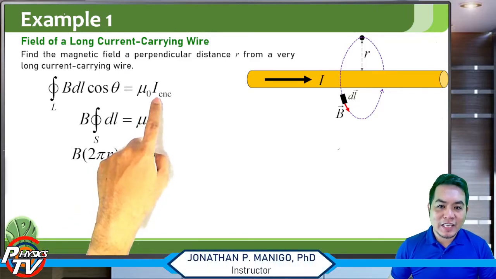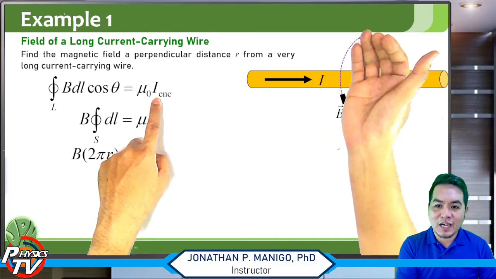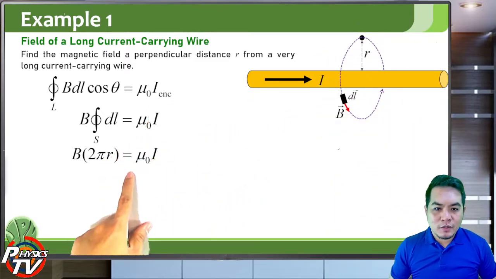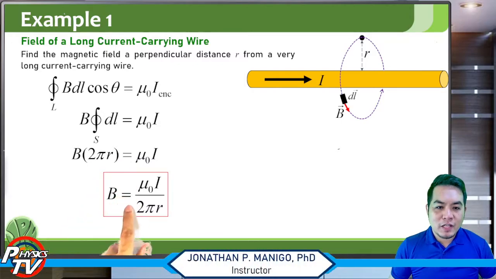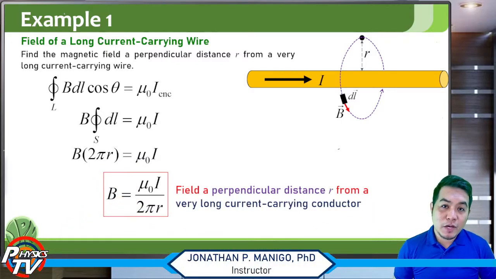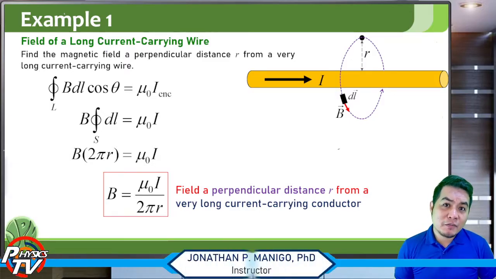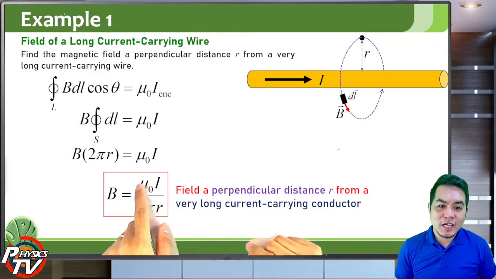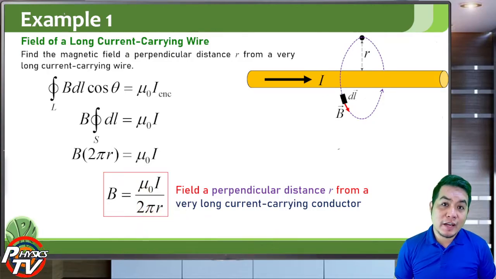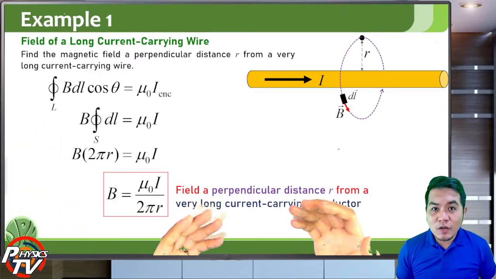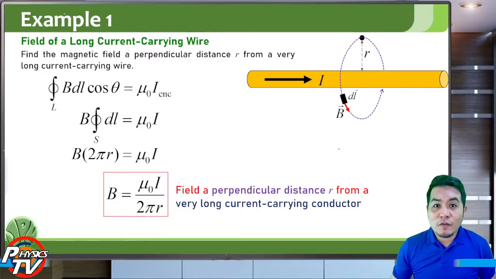The current enclosed by our loop is I. Divide both sides by 2 pi r and we get the equation that we have been using to find the magnetic field a perpendicular distance r from a very long current carrying conductor. Originally, this equation is derived from the Biot-Savart law, but we have derived this using the concept of Ampere's law. So Ampere's law is again an alternative to the Biot-Savart law.